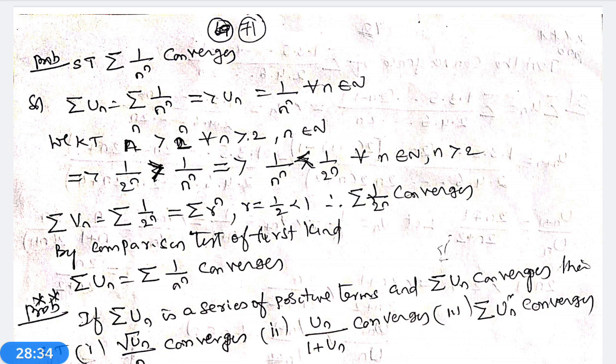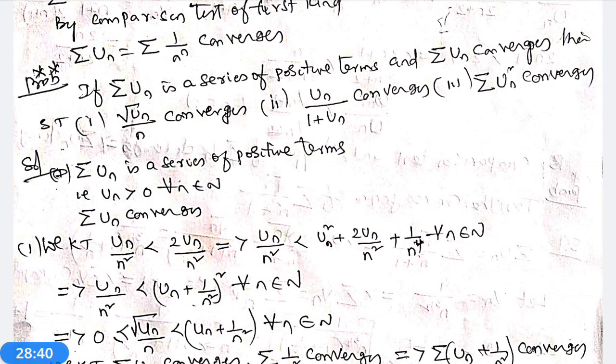If sigma un is a series of positive terms and sigma un converges, show that: first, sigma square root un by n converges; second, sigma un by 1 plus un converges; third, sigma un square converges.